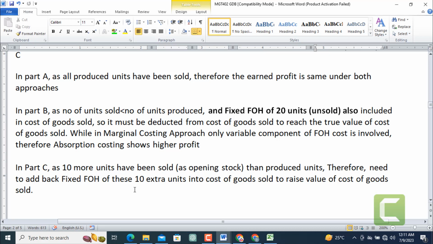So we need to add back the fixed portion of FOH into the cost of goods sold to reach the actual value of cost of goods sold, and finally the profit under absorption costing matches the profit earned under marginal costing.